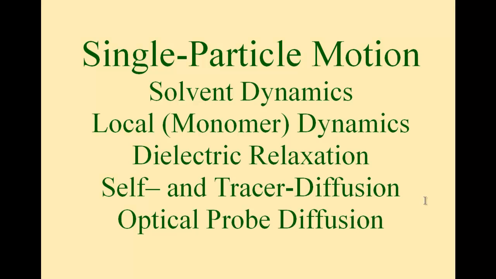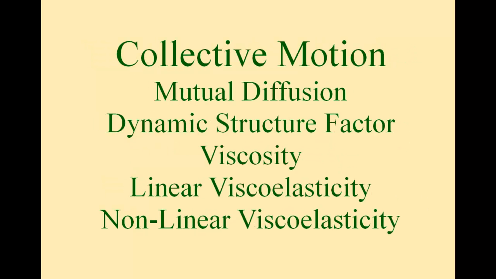Optical probe diffusion has been studied for 40 years. More recently, the same systems under the cognomen microrheology have been studied. The optical probe diffusion studies are far more penetrating in what they show and in what assumptions you can actually safely make about these systems.